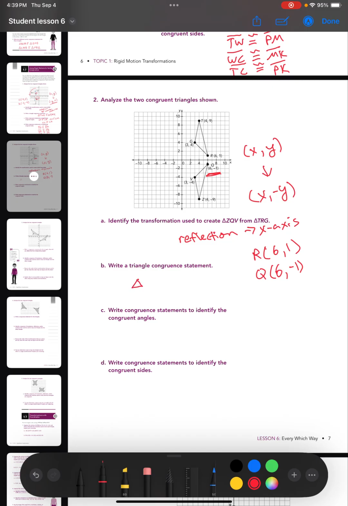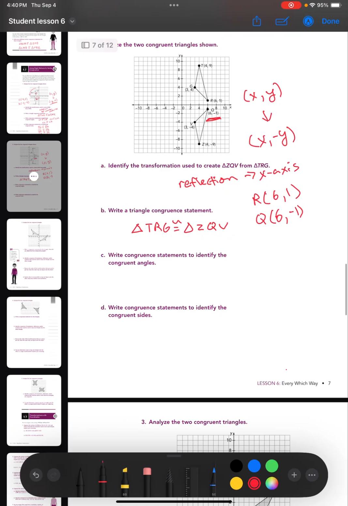For a triangle congruency statement, we could say triangle TRG is congruent to triangle ZQV. And again, we could do the same thing to identify the angles. I'm going to do just one of the angles and one of the sides and let you take the time to match up the other ones.